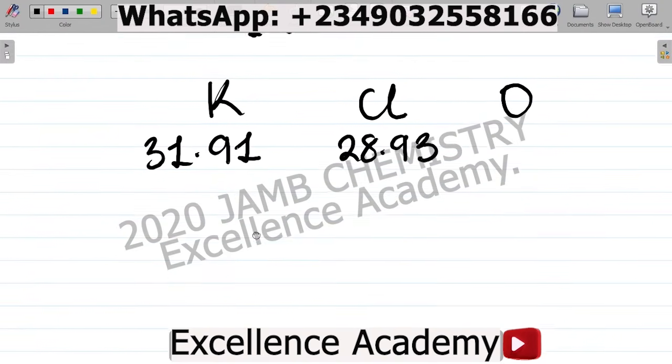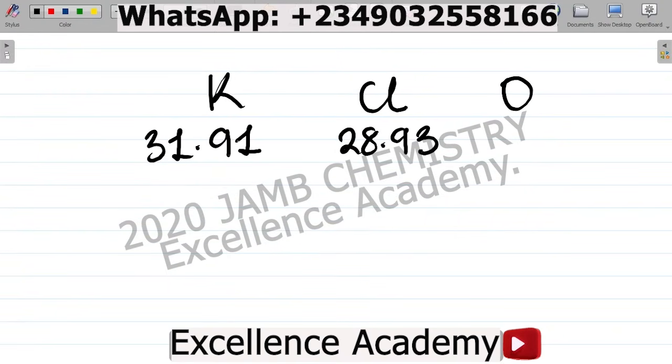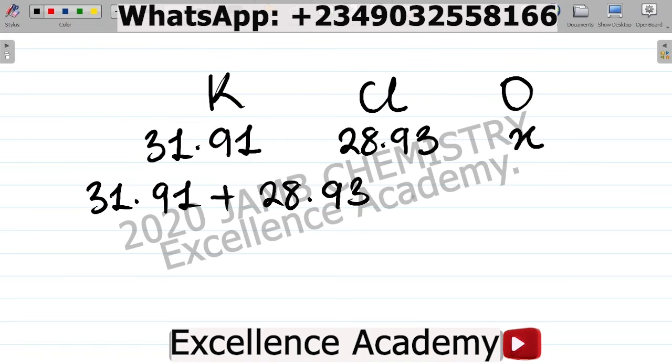So how do you get that value of the rest? Now, you want to note that for any given compound, if I combine all their percentages, let me call this X, if I combine all of them, it should be equal to 100%. So what we're saying here is that 31.91 plus 28.93 plus this unknown X should be equal to 100.